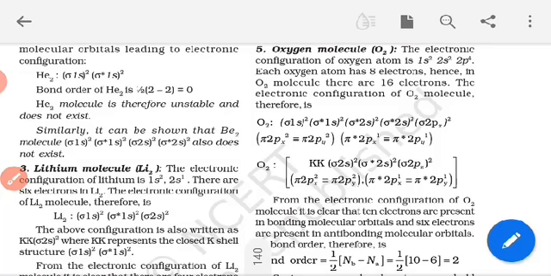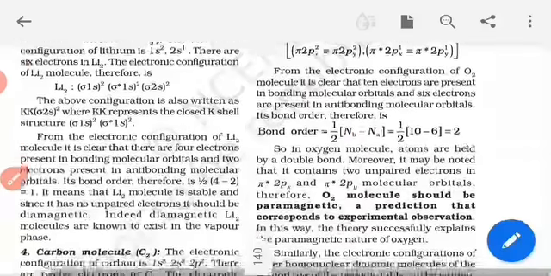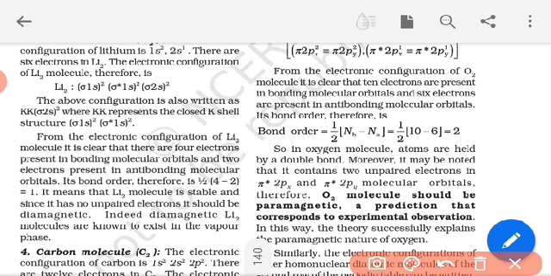Oxygen molecule, total electrons are 16. The configuration can be shown either by this or in terms of KK can be written as. Now let us see its bond order. The bond order of the oxygen molecule is 2, since the number of electrons in bonding orbitals is 10 and in anti-bonding orbitals is 6.